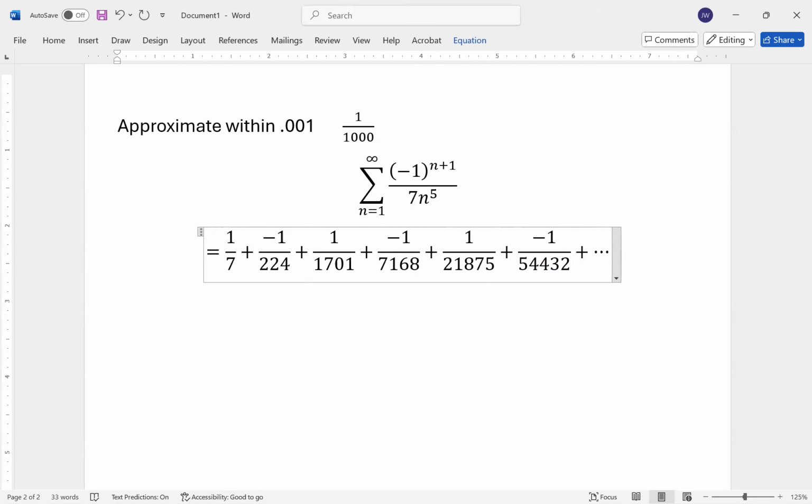That's way more than I need if I want to approximate within 0.001. So knowing that 0.001 is what I want to approximate within, I can say the first fraction that in absolute value is less than 0.001 is this 1 over 1,701.